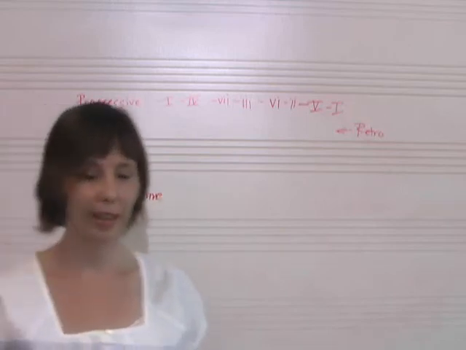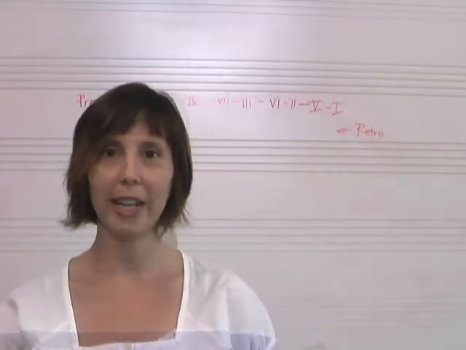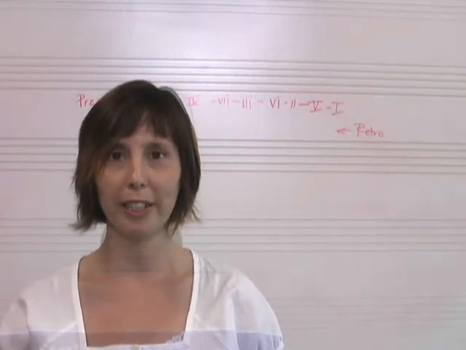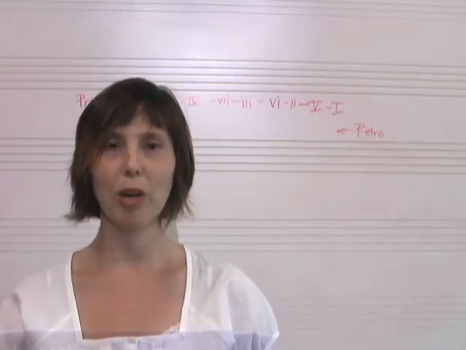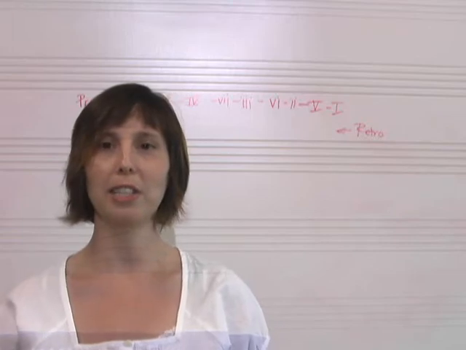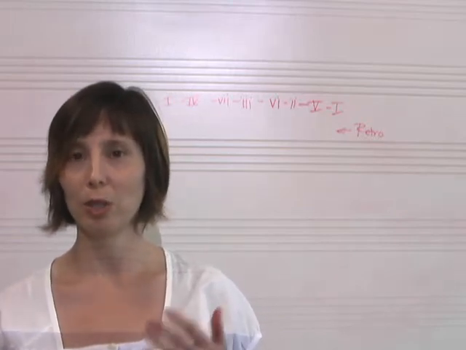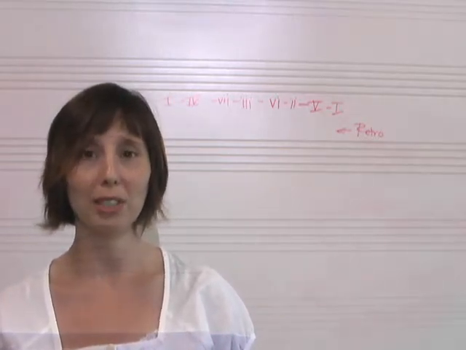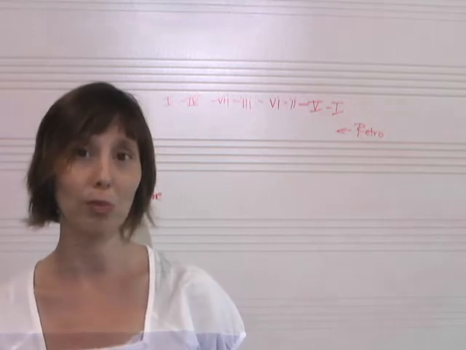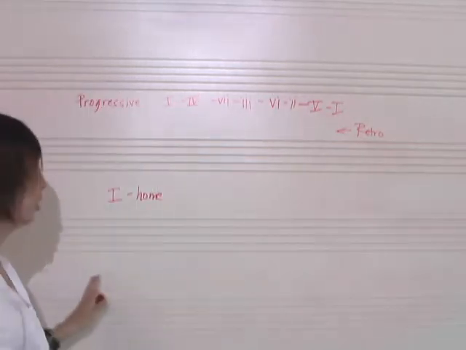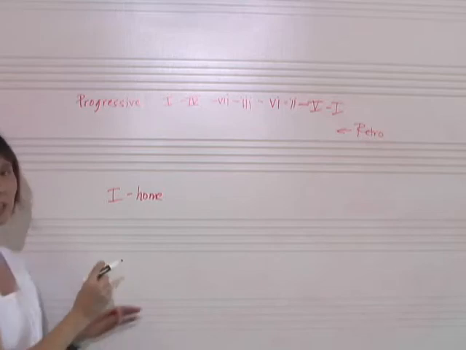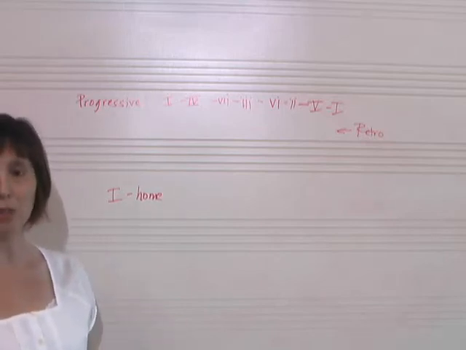If I just wanted to hang out on one chord all day, it would be the tonic. But of course, music is pretty meaningless when there's no tension. So in order to have our home mean something, we have to leave our home. And then eventually, we need something that's going to lead us back to our home.